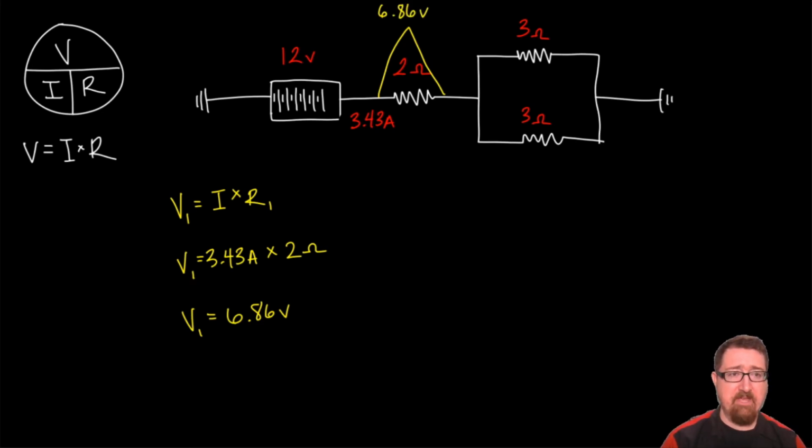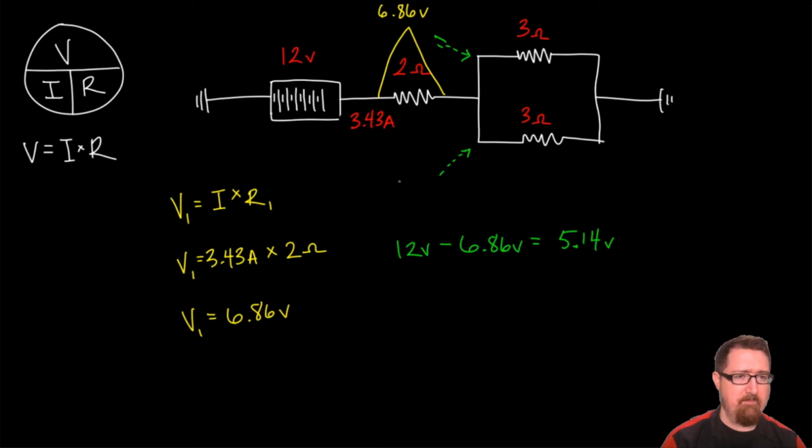Now that means we would have a particular amount less than 12 volts coming in here and here, and all we'd have to do is take 12, because it's a voltage drop, minus 6.86, and it's going to be 5.14, if I did that in my head correctly.